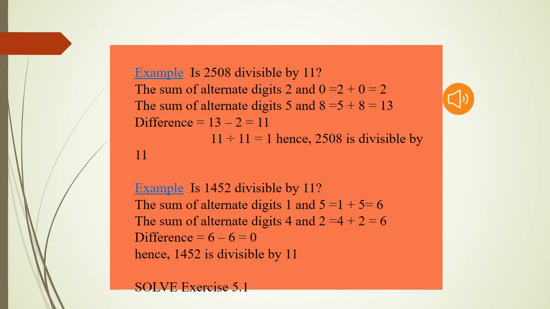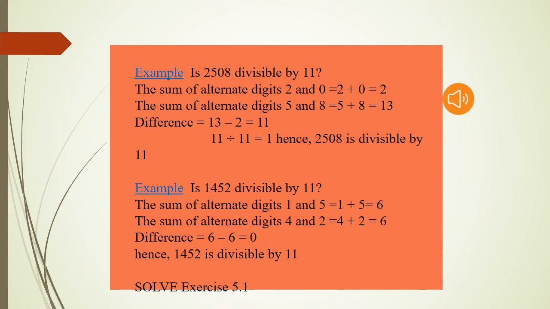The sum of alternate digits 5 and 8 is equal to 5 plus 8, which is equal to 13. Now the difference between their sums is 13 minus 2 is equal to 11. So 11 divided by 11 is equal to 1. Hence 2508 is divisible by 11.